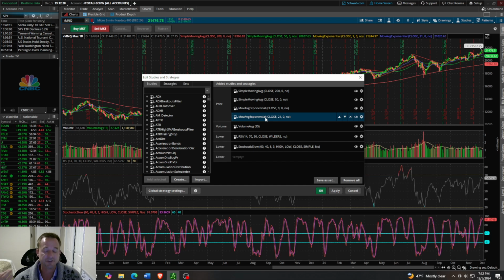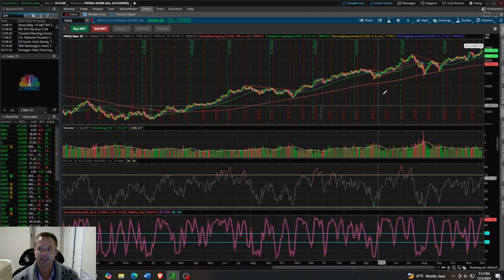That's something that is very important, right? Like, again, if you have institutional investors that have power to move markets, you want to be looking at the same things that they are looking at. So 21-day exponential moving average. That's the one here in blue.